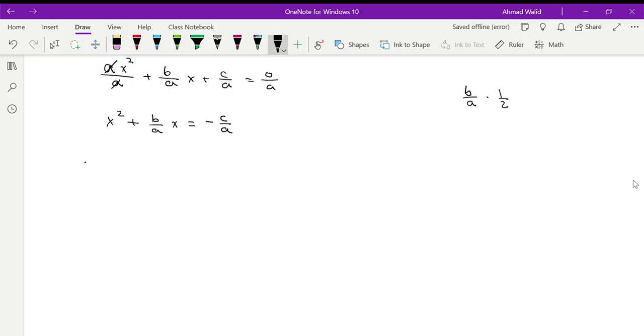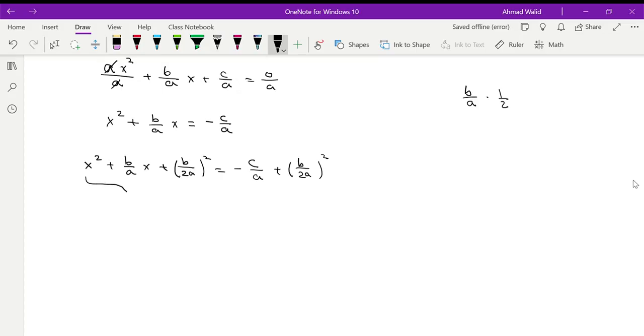Then I will write x squared plus b over a x plus b over 2a all square equals negative c over a plus b over 2a all square. We add it to both sides of the equation, right?